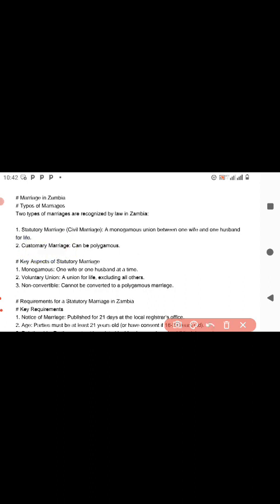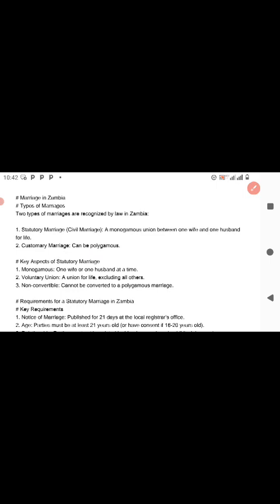The customary marriage can be polygamous. Polygamous means one husband and more than one wife, or one wife and more than one husband. Though usually it's common for one man to marry more than one wife, especially in some traditional setups.